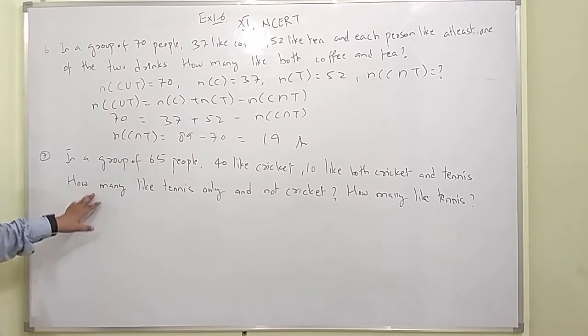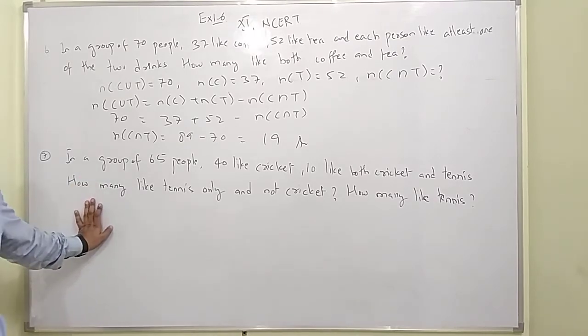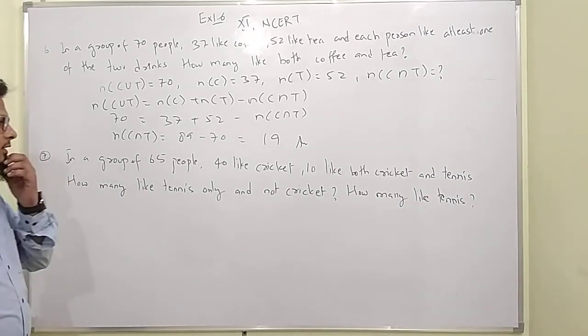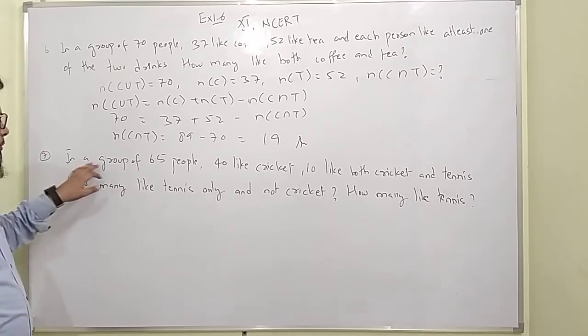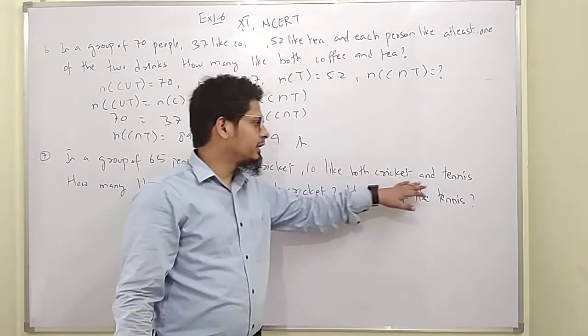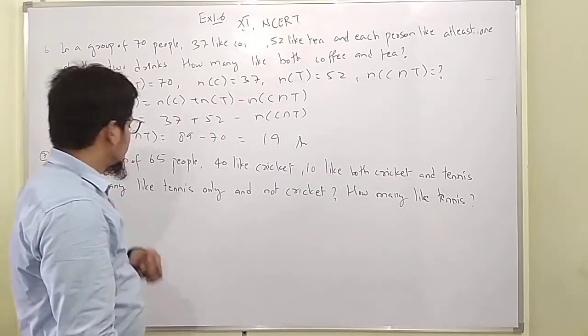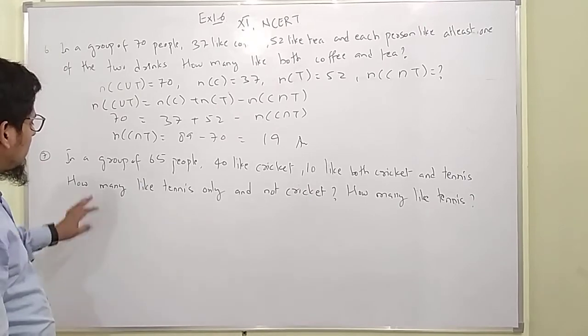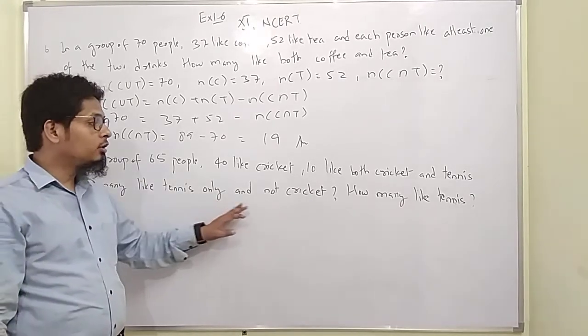Come on, question number 7. All the questions in class are the same, but there is a little bit of change in this question, so I chose it. In a group of 65 people, 40 like cricket, 10 like both cricket and tennis, and how many like tennis only, not cricket?